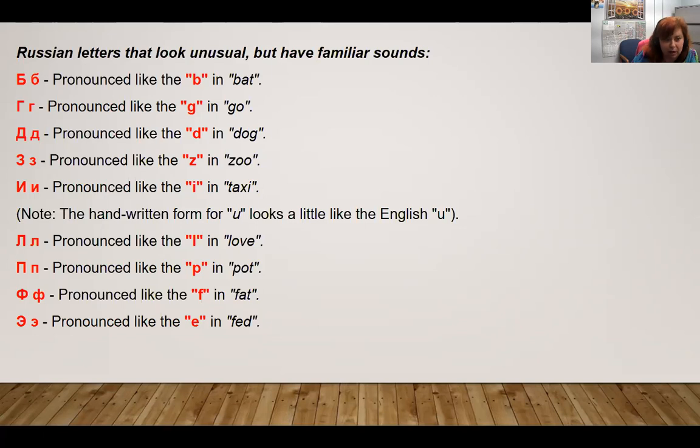L, pronounced like L in love, living letter. P, pronounced like P in pot, Peter, Peter Pan. F, pronounced like F in fat.